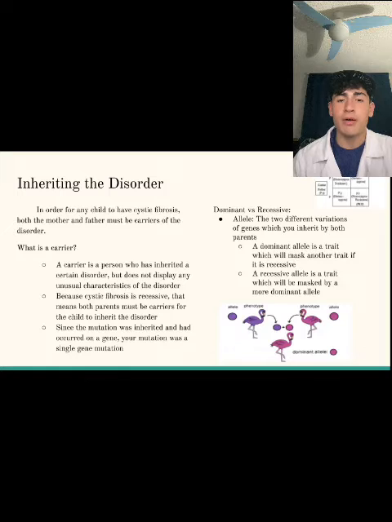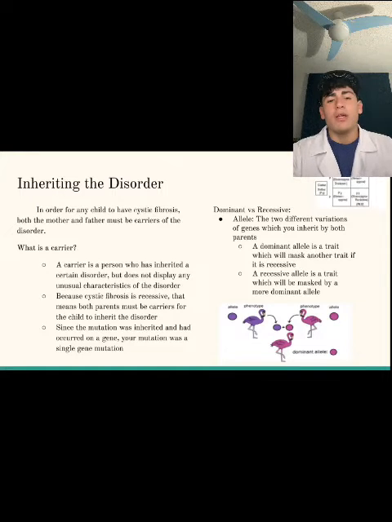There's two types of alleles, and alleles are variations of genes which you can inherit from both parents, and they can be either dominant or recessive. Dominant will mask over another trait which is recessive, and recessive will be masked by dominant traits. This can include things like brown eyes or darker hair compared to blonde or blue hair.